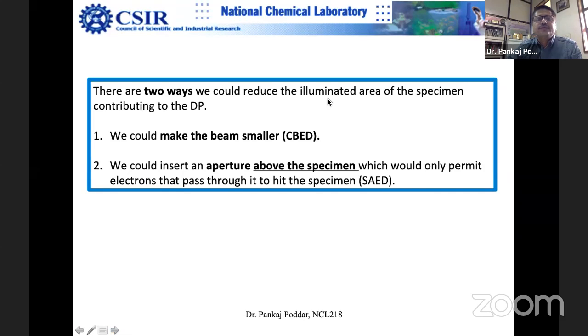There are two ways you can reduce the illumination area. One is by taking a convergent beam. This C stands for convergent, B for beam, E for electron, D for diffraction. Convergent beam electron diffraction is a highly useful technique and gives you a lot of information.